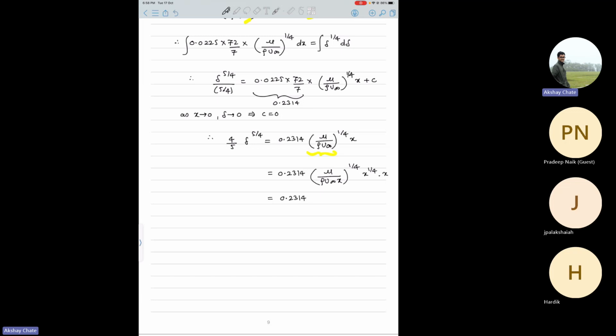Okay, yeah. So this becomes local Reynolds number power minus 1 by 4, right? Because it's an inverse of Reynolds number. Then you will have x power 5 by 4 because these two get added, powers get added.